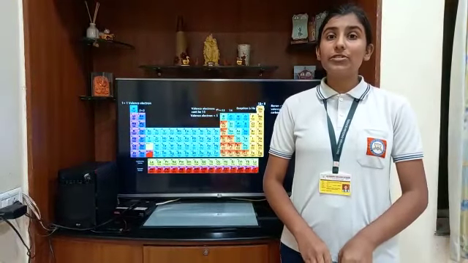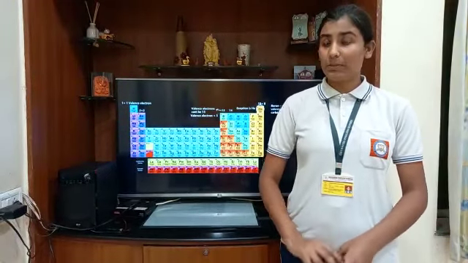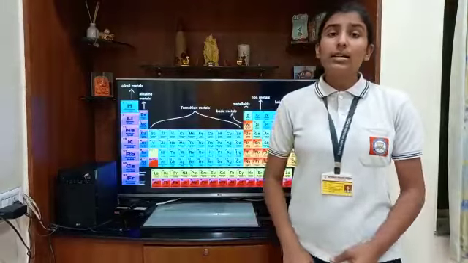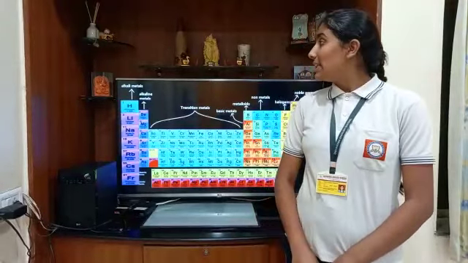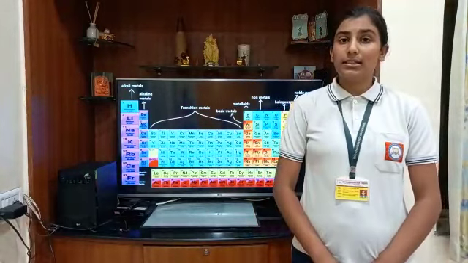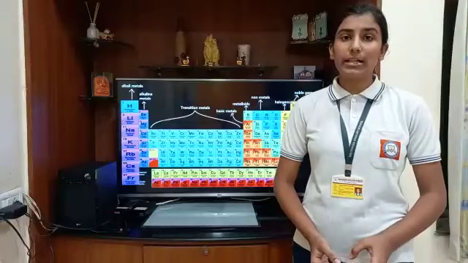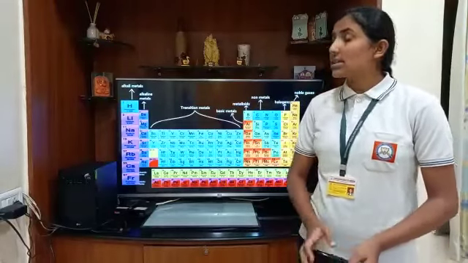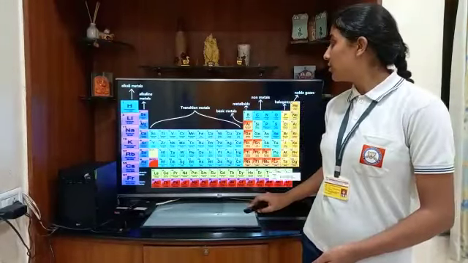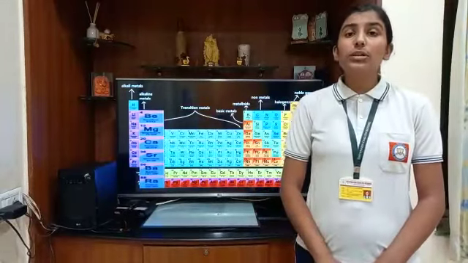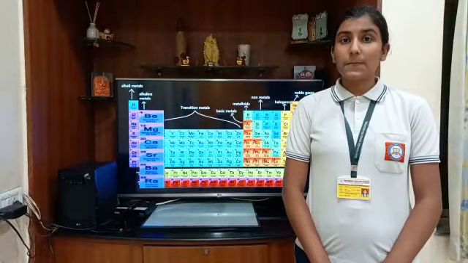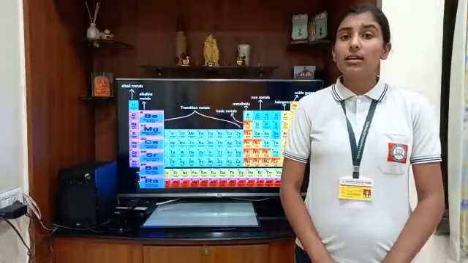Now, we will study a few specialities of the modern periodic table. Like in group 1, all the elements are alkali metals except hydrogen. Hydrogen is not an alkali metal. All these elements are highly reactive. Group 2 consists of alkaline earth metals.